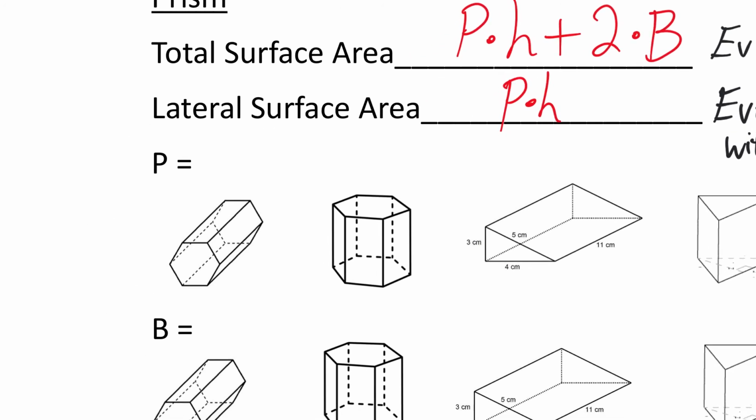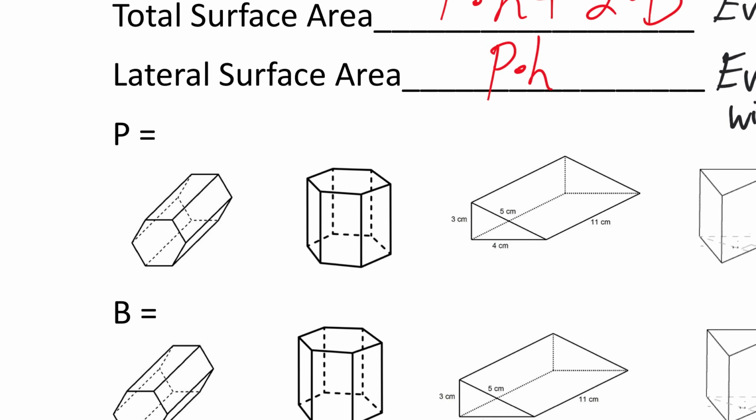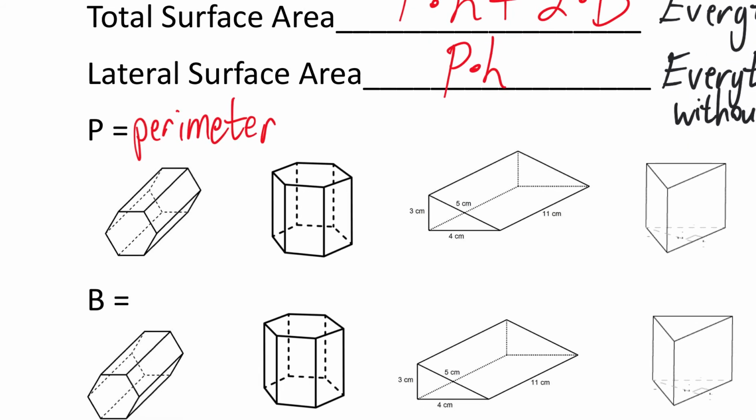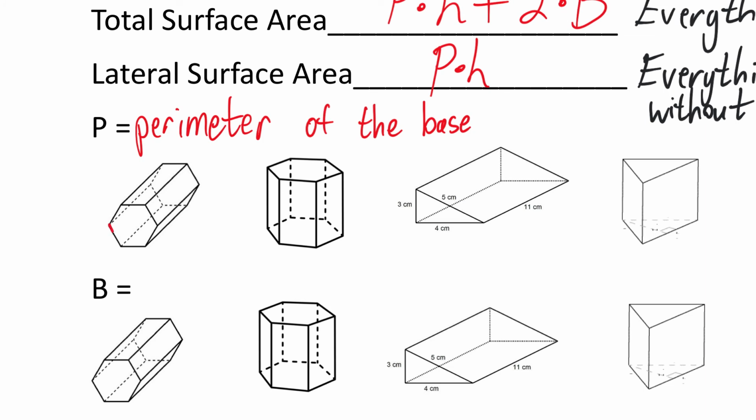All right, so what does the capital P stand for in those formulas? Okay, perimeter, but we got to be more specific than that. Perimeter of the base. So on this one, you'd be looking for the perimeter of this hexagon because that's a hexagonal prism.